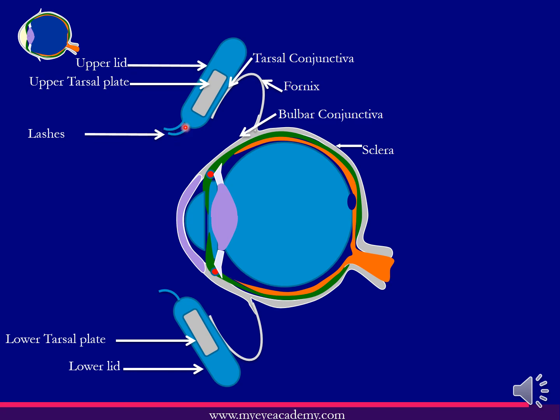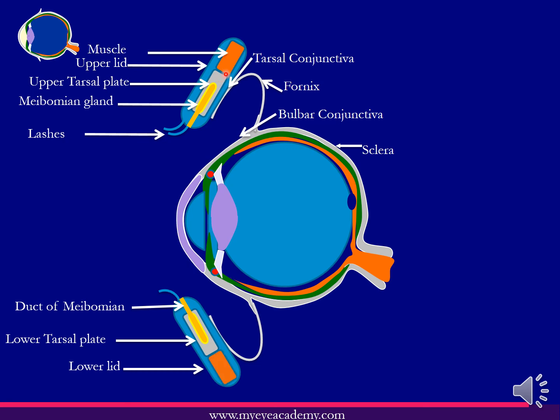Here are the eyelashes attached to the eyelids. Inside the tarsal plate there are meibomian glands which secrete the meibomian secretion through the meibomian duct. The top part of the tarsal plate has got attachment of the muscles of the eyelid in the upper lid and in the lower lid.